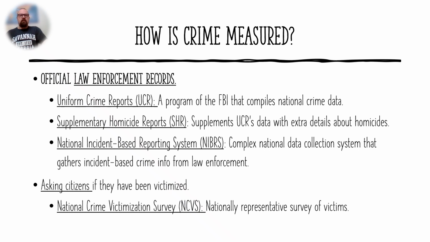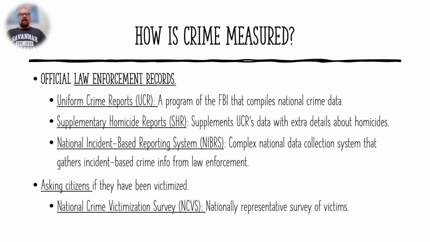So the next one is the Supplementary Homicide Report. Now the SHR is a branch of the Uniform Crime Report, or the UCR, and it gives extra details around the homicides that are occurring and the data around that.